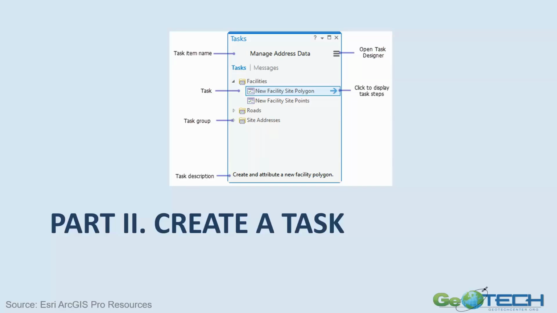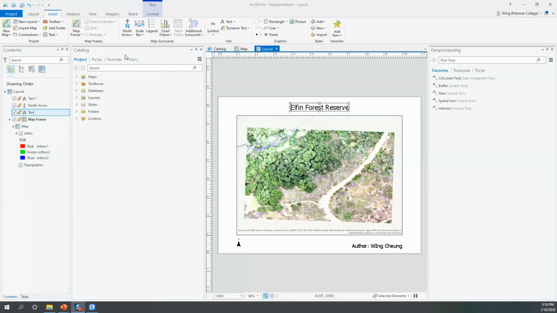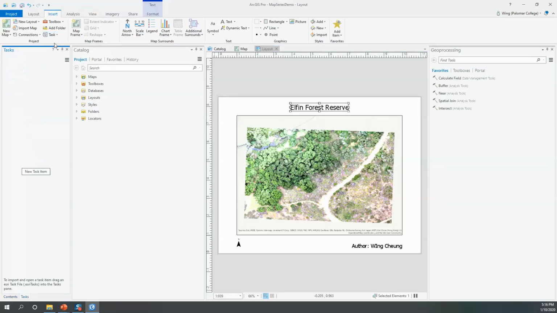Now that we have completed our very basic layout, we'll move on to the second part of this demonstration video, which is creating the actual task. To do this, back in ArcGIS Pro, go to the Insert tab and select Task. Select a new task item.